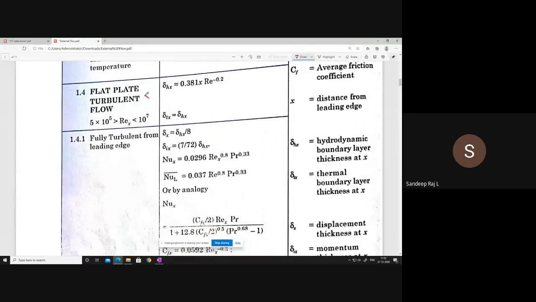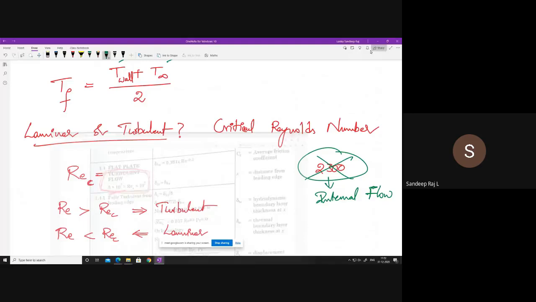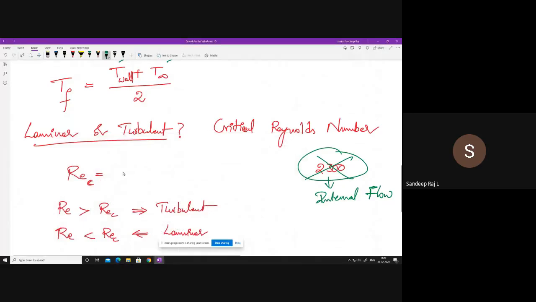Here you can see the turbulent flow. The Re value should be greater than 5 into 10 to the power of 5. So for a flat plate in external flow, the Re_c value is 5 lakhs, that is 5 into 10 to the power of 5, for a flat plate.